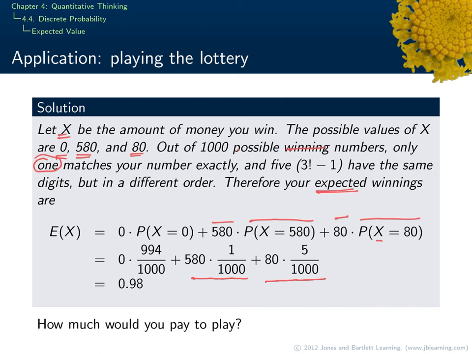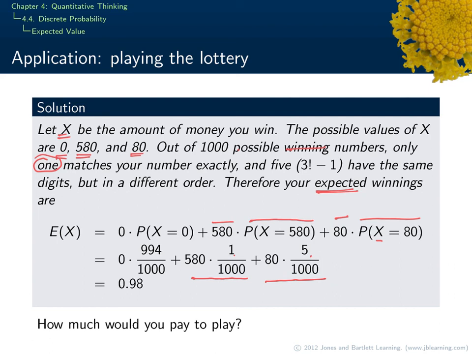And then the probability of everything else happening, right? So we have 1 out of 1,000 here. We have 5 out of 1,000 here. The probability of anything else happening, that is the probability of you losing and winning $0, is the remaining probability, namely 994 over 1,000. And you multiply that by 0. That's the outcome there.